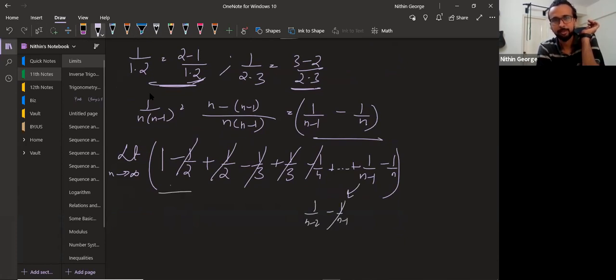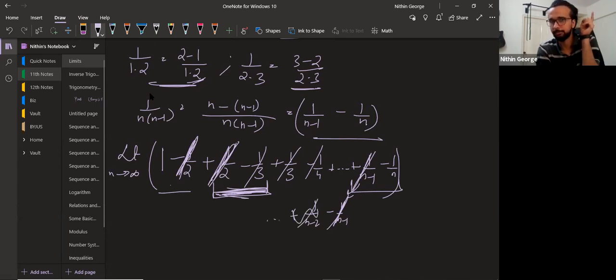You can see in the next term, like take the second term here, the first part cancels out with the second part of the previous term. Like this, each term, the first part cancels out with the second part of the previous term. Are you following?